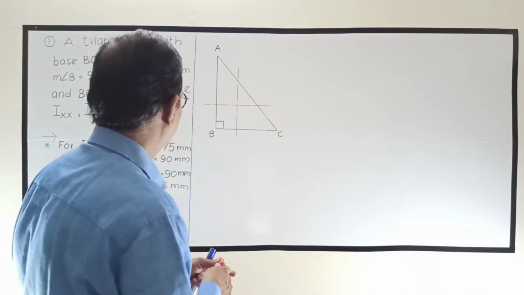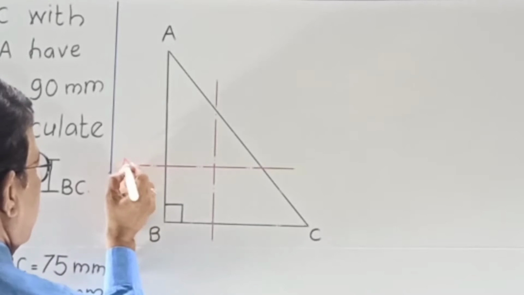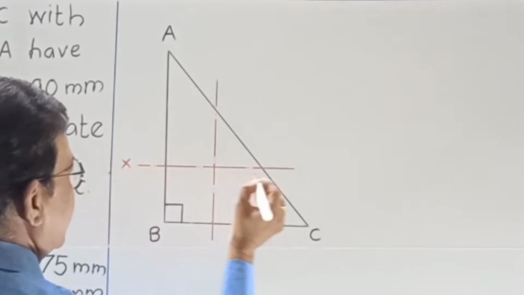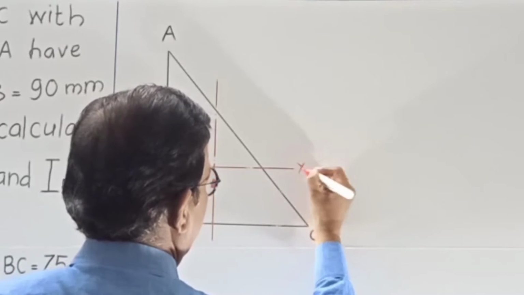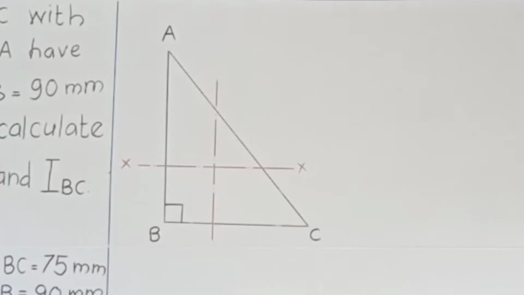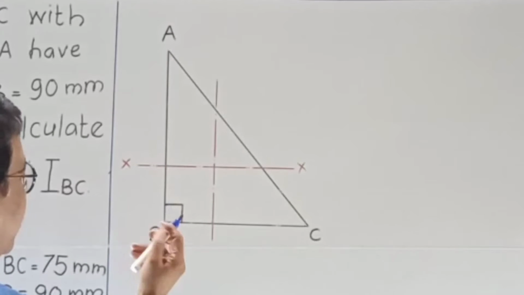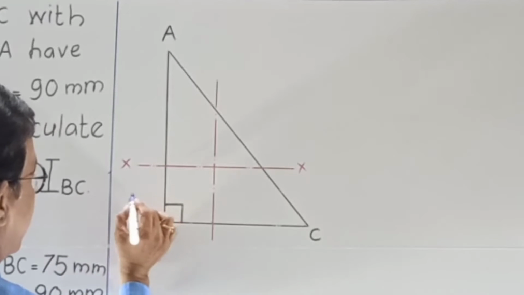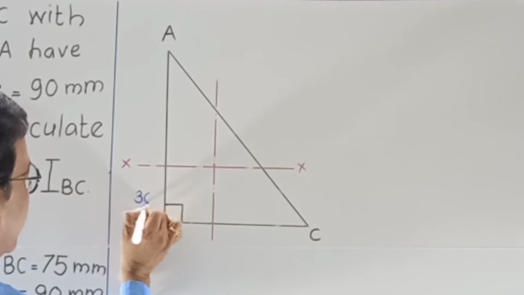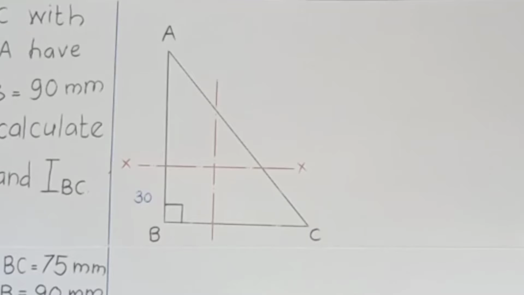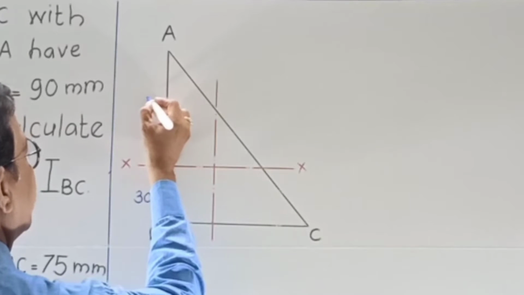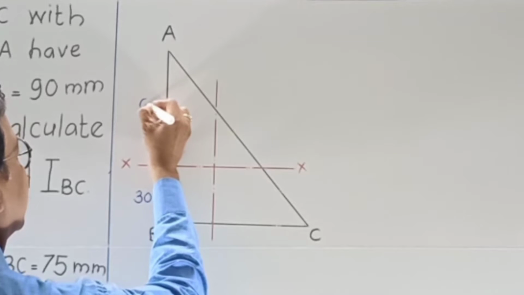The centroid of the triangle is at h by 3 from base. So for this particular distance, this will be height by 3. What is height? 90. So this will be 30. Do you understand how it is 30? So the remaining distance will be 90 minus 30, that is 60.